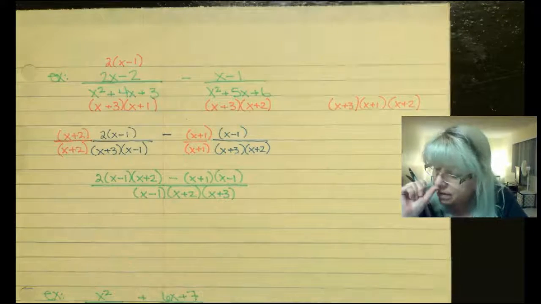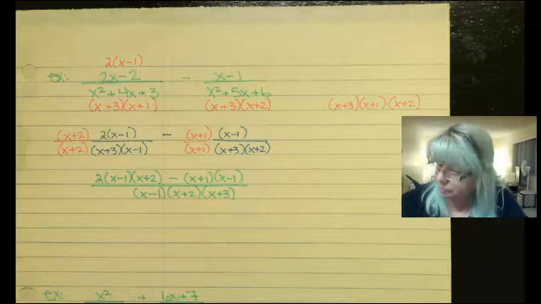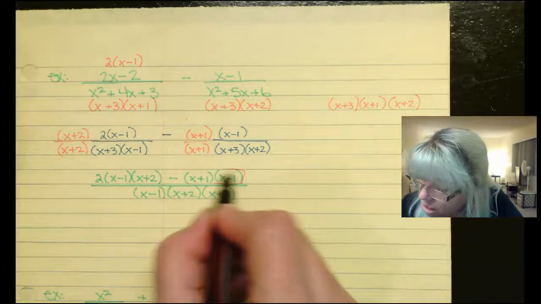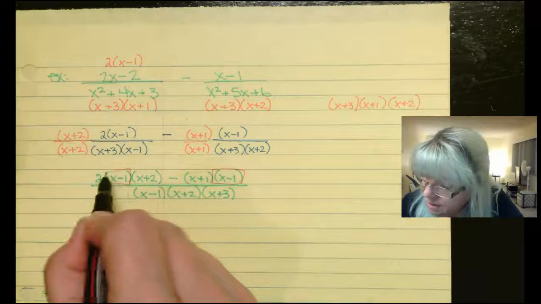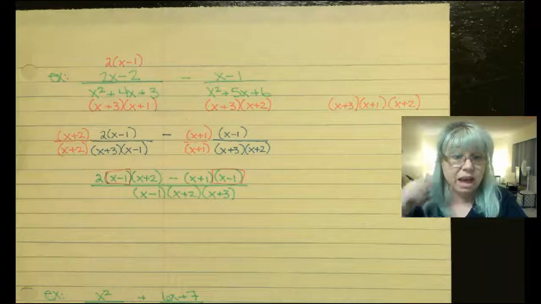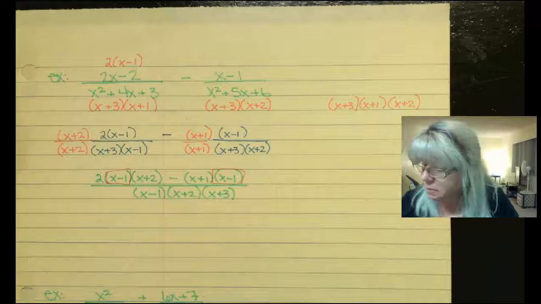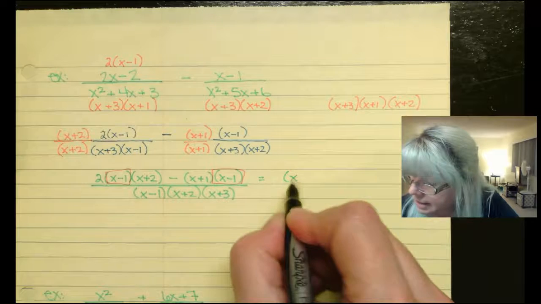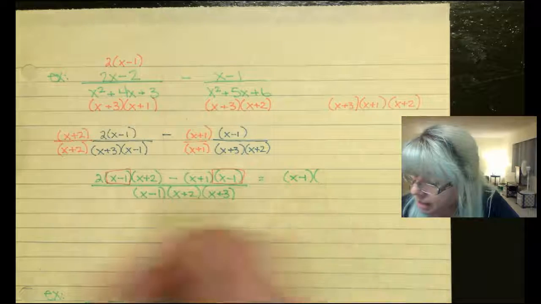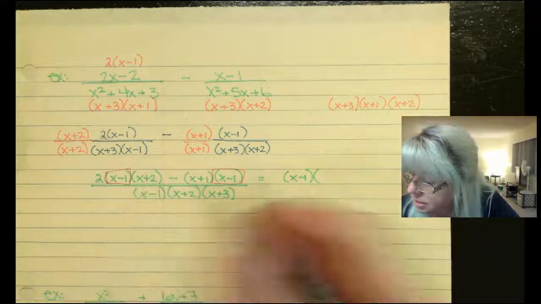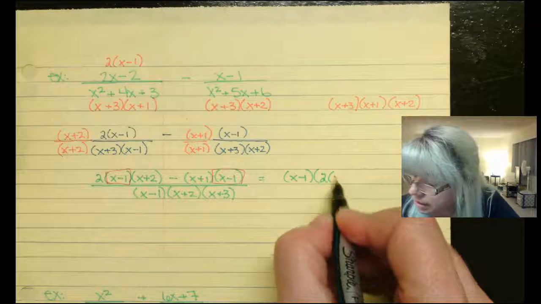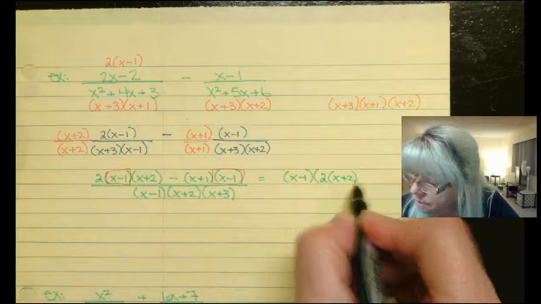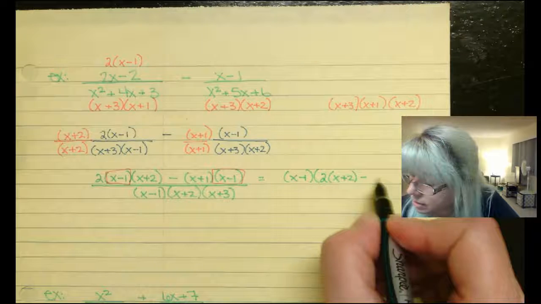But if I'm clever, both terms in the top have an x minus 1, so why don't I factor that out? It's a common term. Okay, so if I factor it out, that's x minus 1, leaving behind 2 times x plus 2, minus x plus 1.